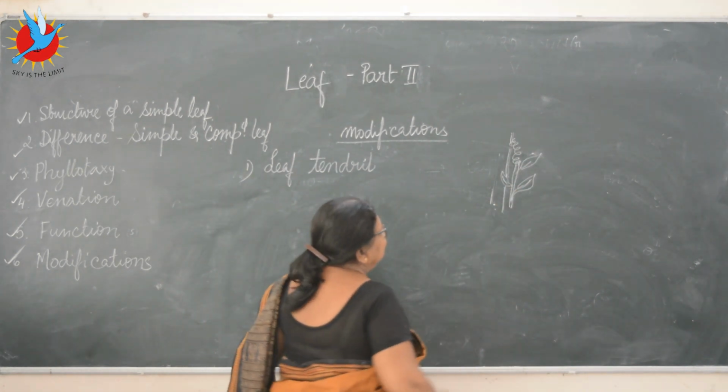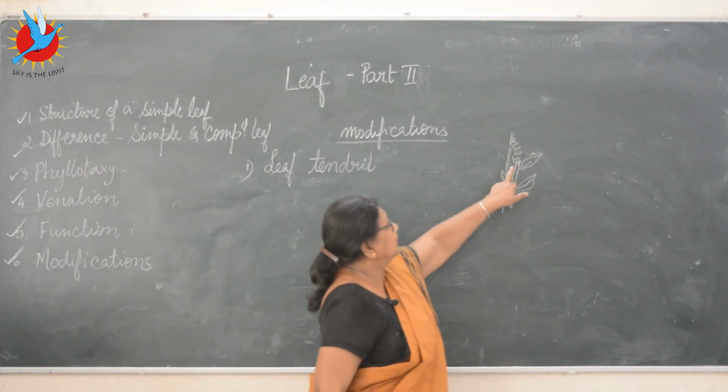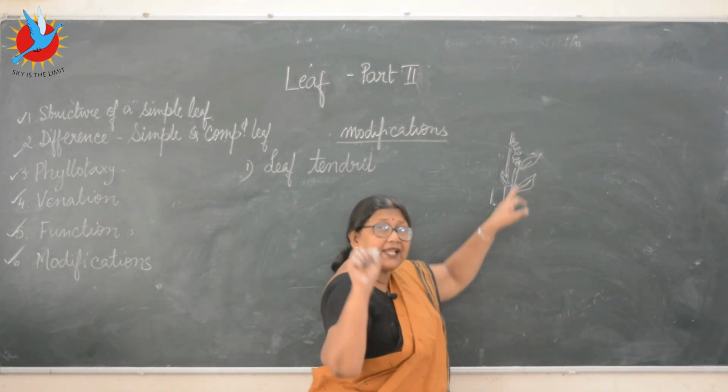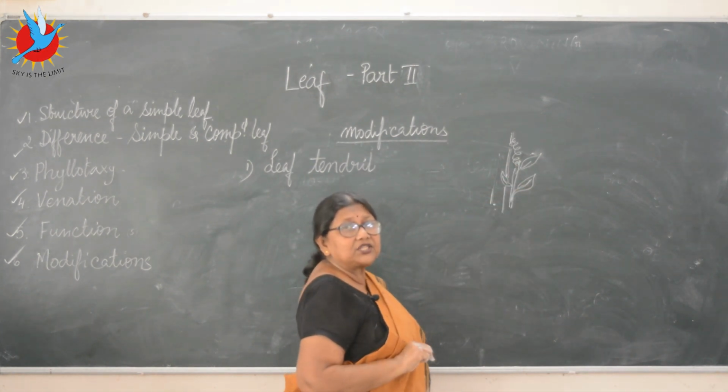Just a rough diagram. What is a tendril? A simple, coiled, spring-like structure. That's called the tendril.